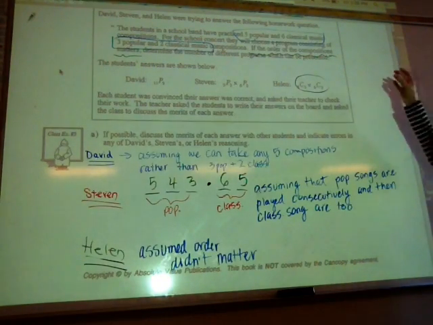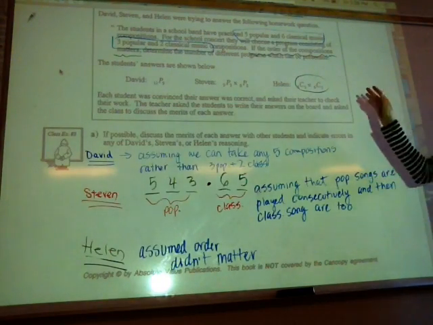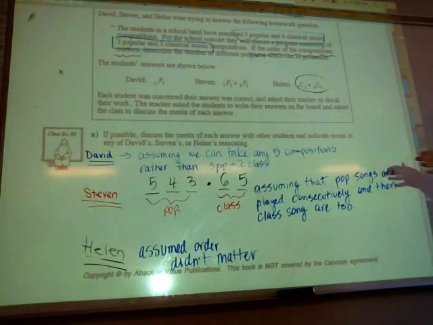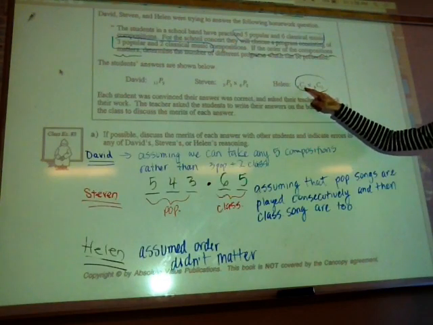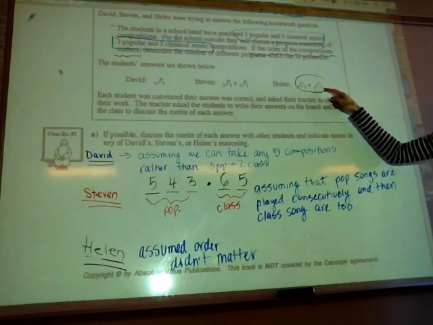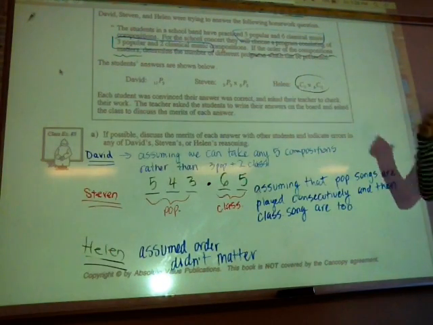So working off of Helen's work here, she's missing one piece. She's assumed the order hasn't mattered, but she has done her selections appropriately. Of the 5 popular songs, she's chosen 3. Of the 6 classical songs, she's chosen 2. But are they in order? So how could I take these selections and put them in order?